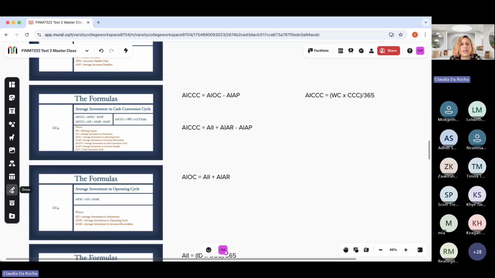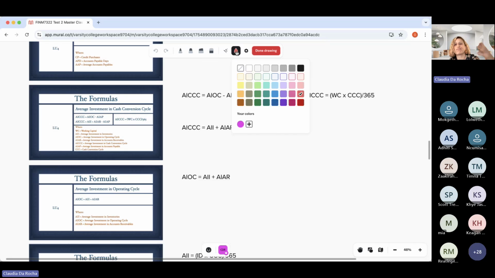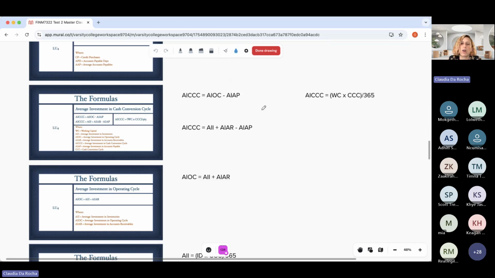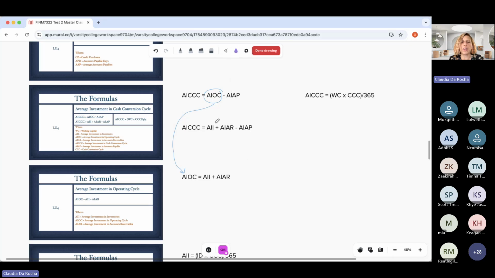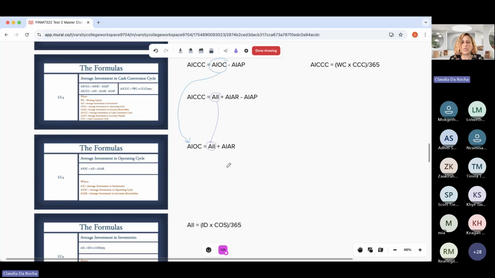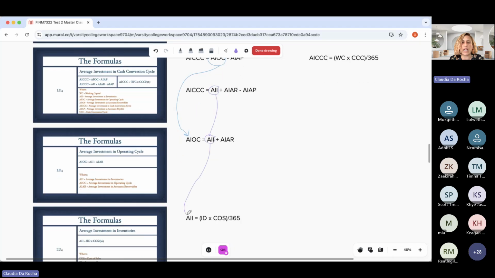And then again, the formulas cross-pollinate. So we have your average investment in operating cycle, which is made up of that formula. We then have the average investment in inventories, which goes into our average investment in operating cycle, and also has a separate calculation.